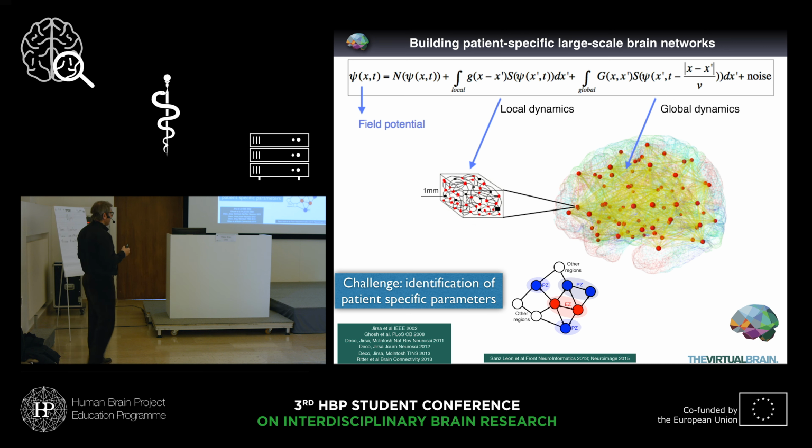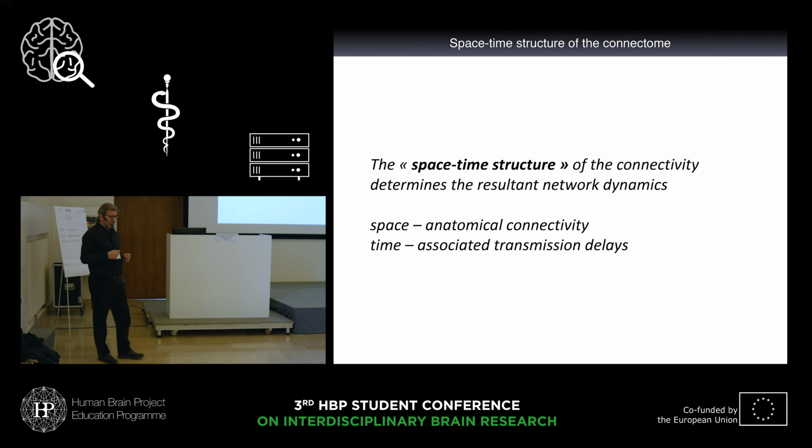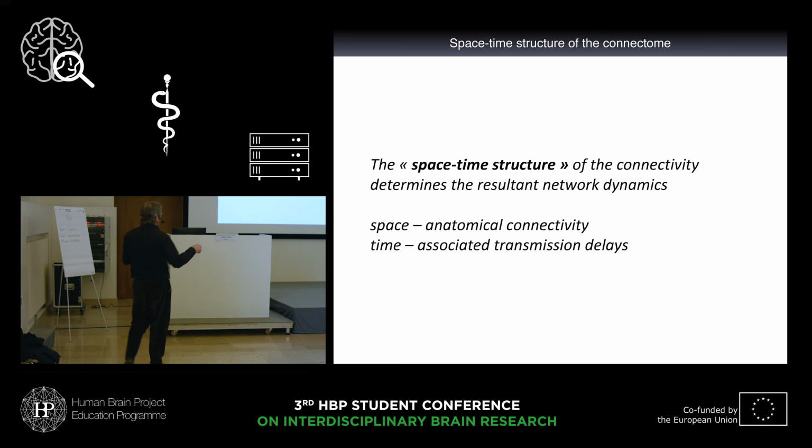And this one is important because in the human brain the lengths can be actually quite big. So when we talk about the connectivity, the connectome, we have to respect that there is a spatial aspect, the anatomical connectivity, but also a temporal aspect, the time delays.